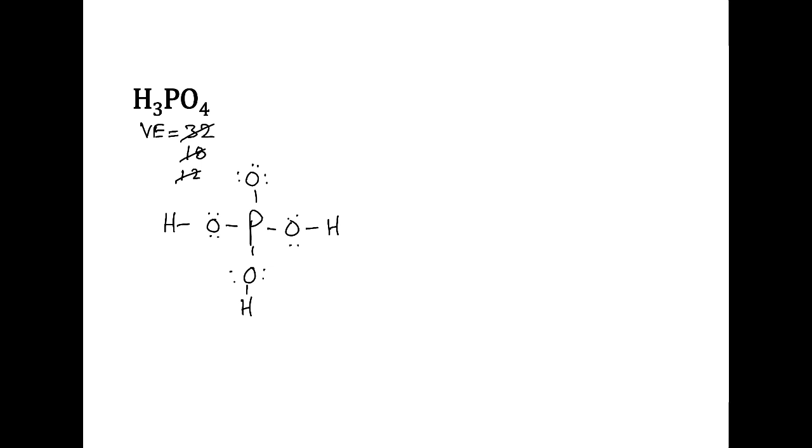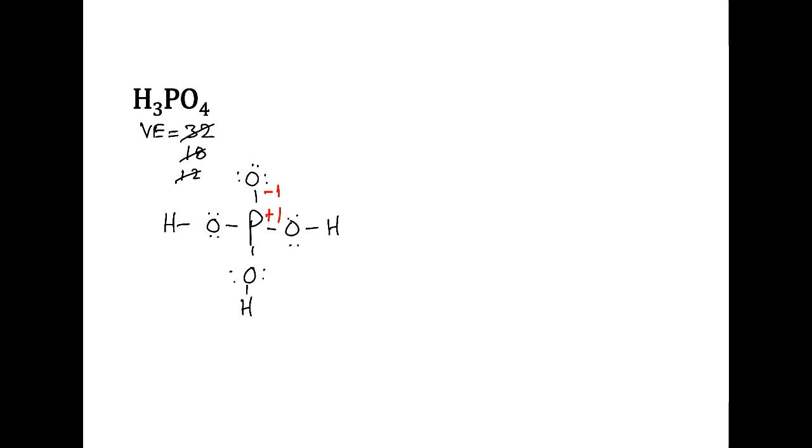But if we look at this a little more closely, what we'll see is there's some formal charges. The oxygen up here, the terminal oxygen, has a formal charge of -1. And then phosphorus has a formal charge of +1. So if we were looking for a Lewis structure to obey the octet rule, this would be an acceptable structure.